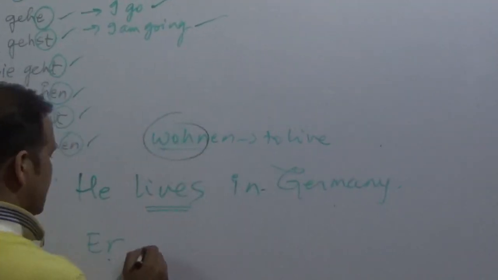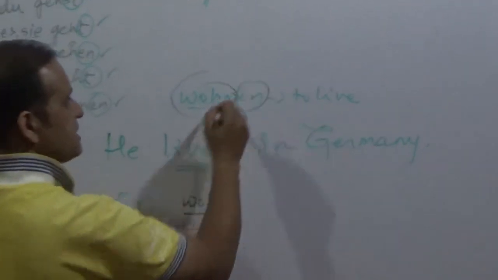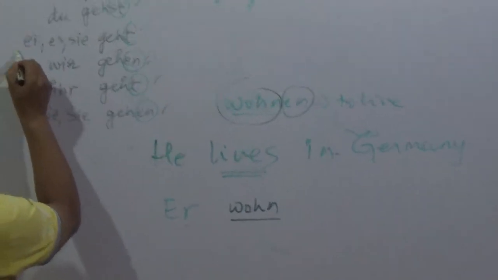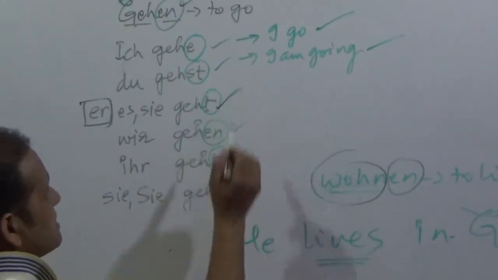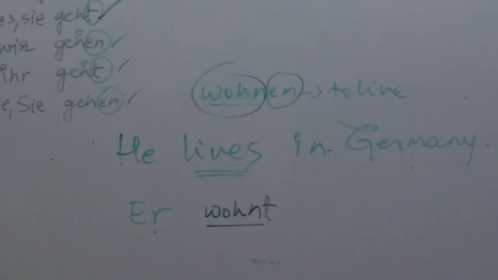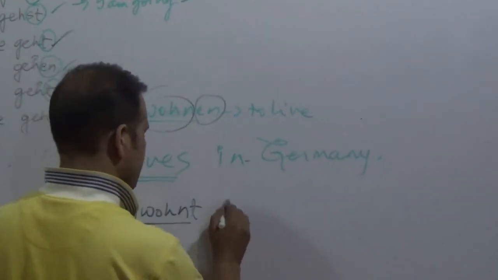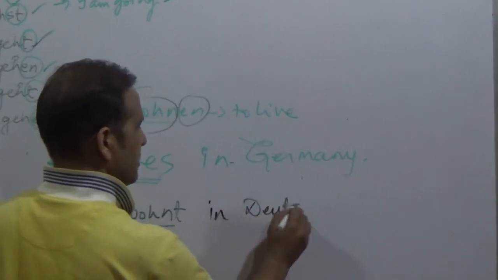Here wohn is the stem part. That will remain the same. En is the ending part. It will change into what? For that we will see. When the subject is er, en is replaced by t. So here it will be t. So wohnt, and then in, that is in, and Germany is Deutschland.